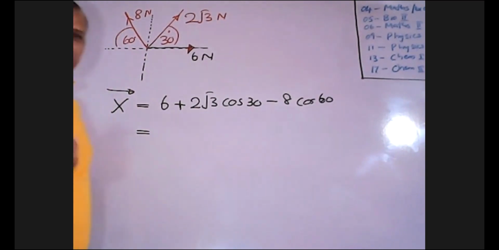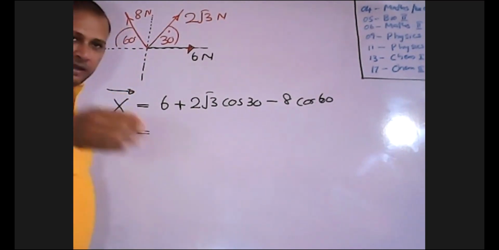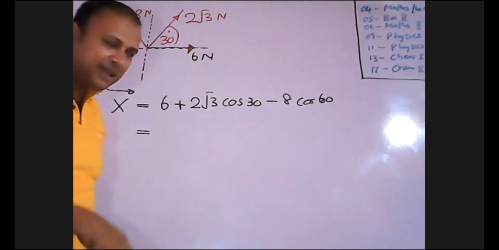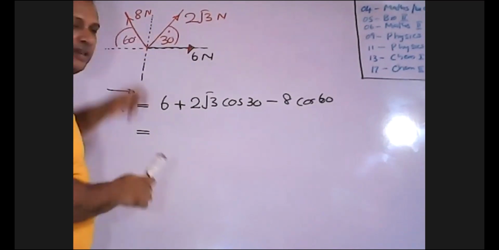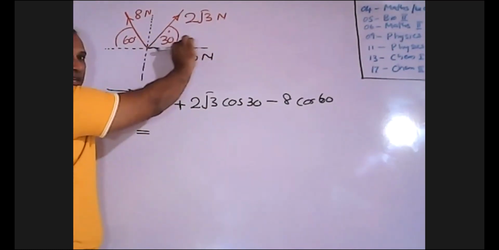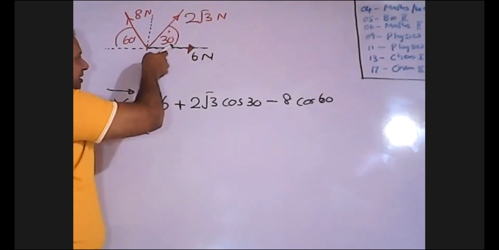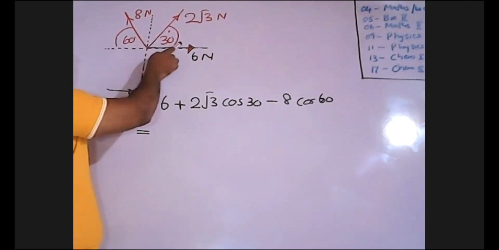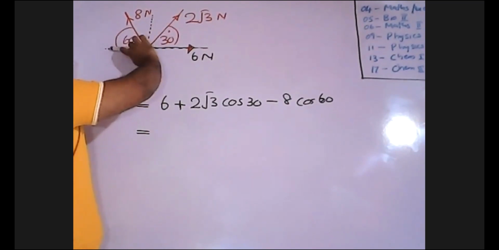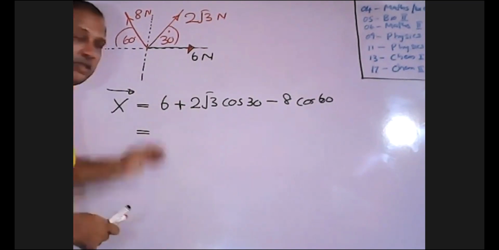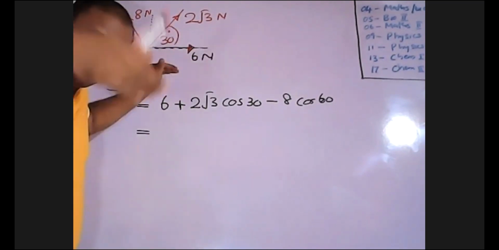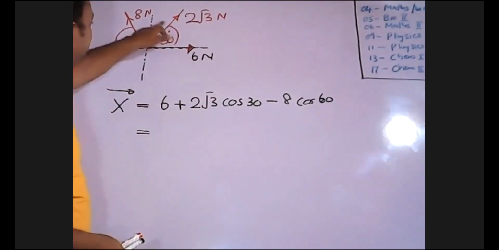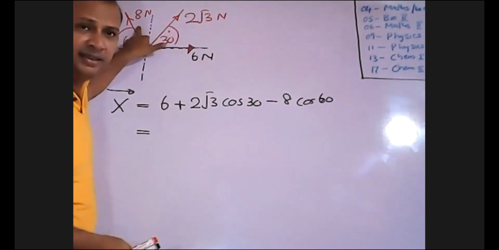You can write 120. But according to the given data, 120 is the angle between 6 and 8. Now 6 is in the x direction. Therefore, 120 means from here to here, and this gap, this angle, is 60, because the entire angle is 180. That's why I explain again. If you write this 120, it is useless.